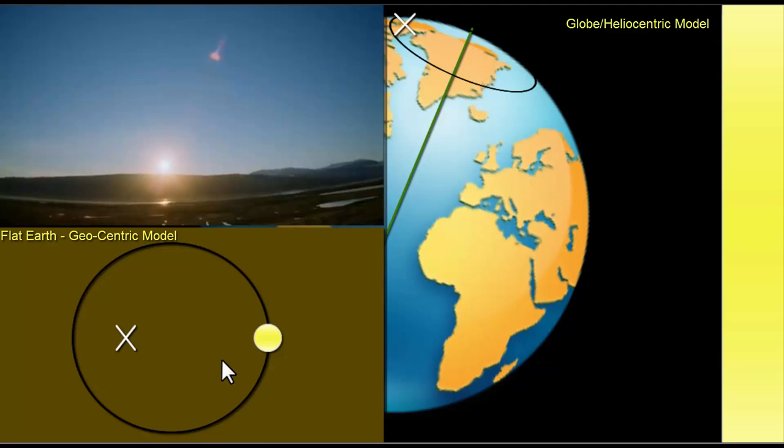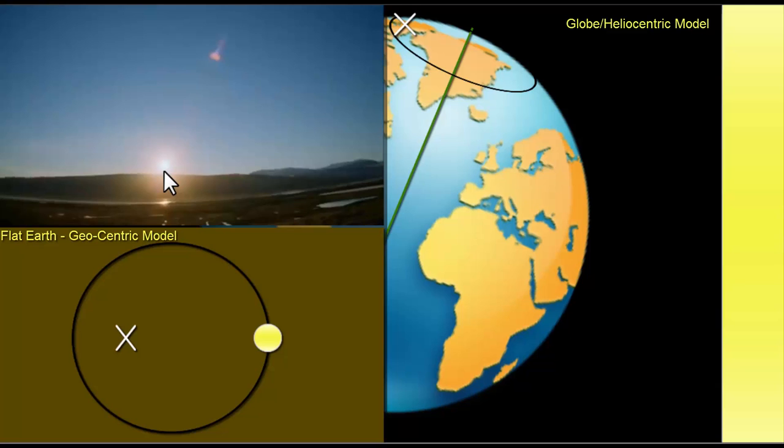Starting with the flat earth model, the flat earth believers, or the geocentric believers, is that the person who is filming the sun is at position X. On the globe model, that person would be represented here at position X. This is the lowest point on the horizon that we find the sun in the video.